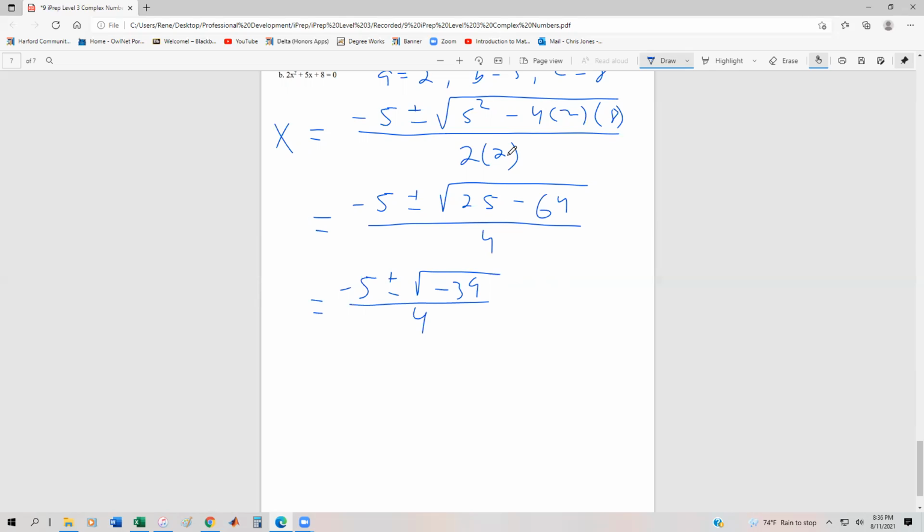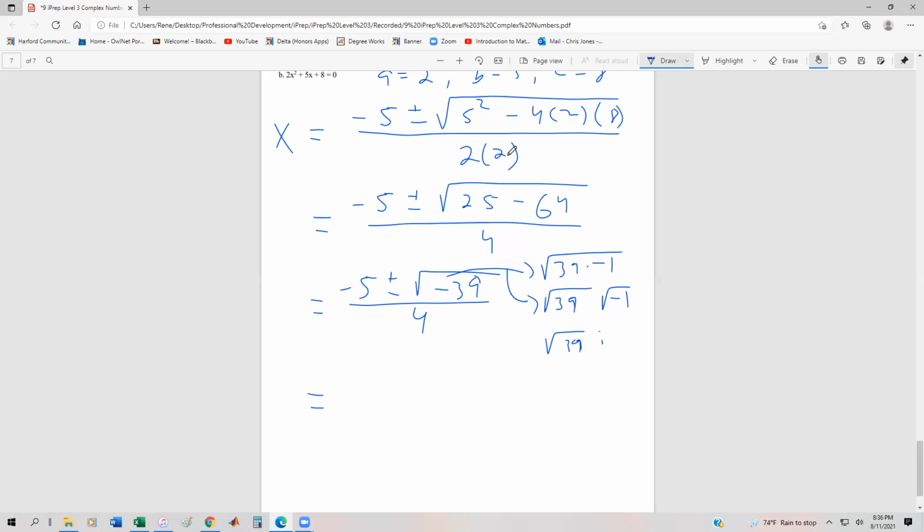Now, 39 is one of those numbers that we can't simplify completely. But because we have the negative under there, we can write the square root of negative 39 as the square root of 39 times the square root of negative 1, or the square root of 39 times i.